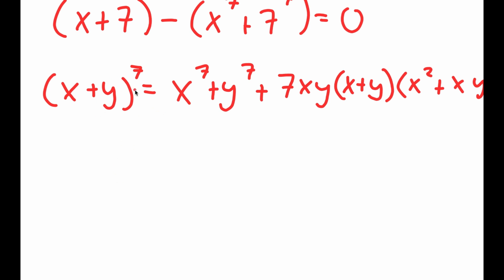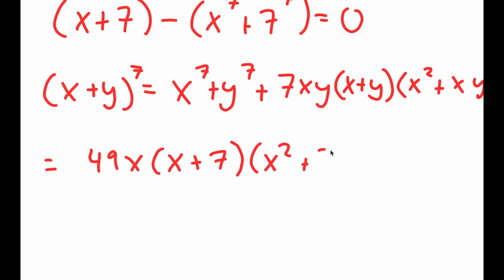So (x + 7)^7 is going to equal 49x times (x + 7) times (x^2 + 7x + 49)^2.